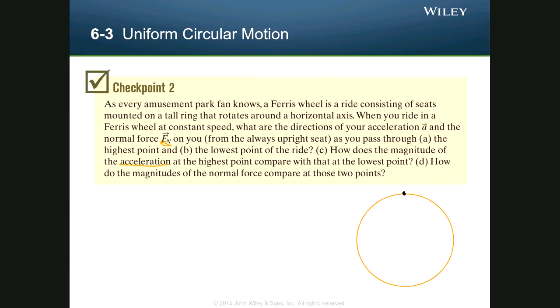And if we draw this, we have the normal force going up. That's Fn. But the acceleration, remember we're in uniform circular motion, points down.